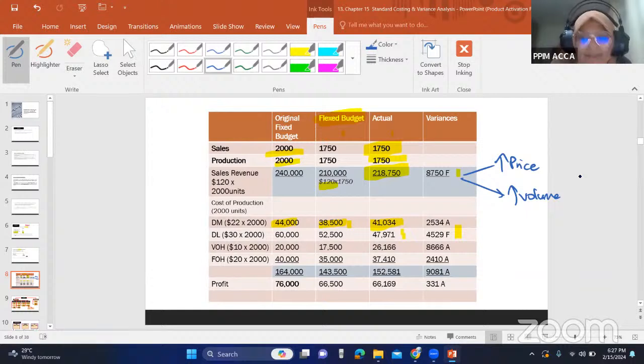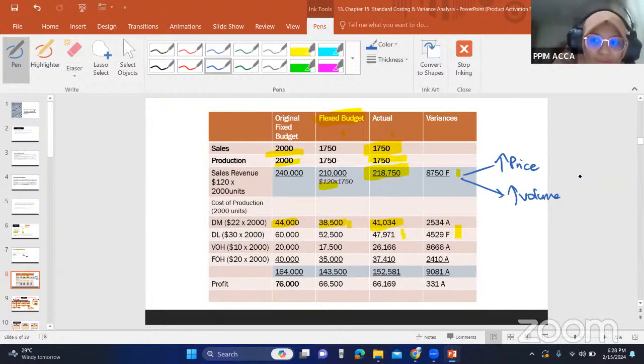Now, as a management accountant, you have to figure out, if there is a variance, why did that variance happen? Did it happen because we sold at a high price? Or did it happen because we sold at a high volume? Understood? Because only then you will be able to reward people appropriately. For example, if you were able to sell at a high price, then maybe the salesperson was good, and maybe you have to give him a bonus. If you are selling at a high volume, maybe the reason is that the quality of your product increased.